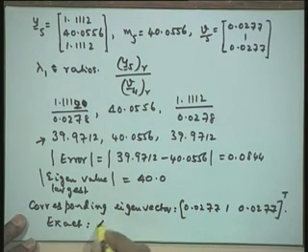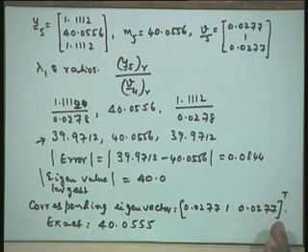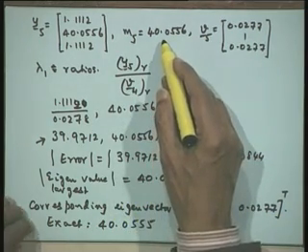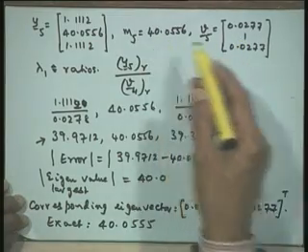The exact eigenvalue of this is 40.0555. This is the exact eigenvalue for this particular problem. So, then why did we pick up 40.0556? Actually, this also converges to it, because this is the factor that we are taking out, that factor is the division.